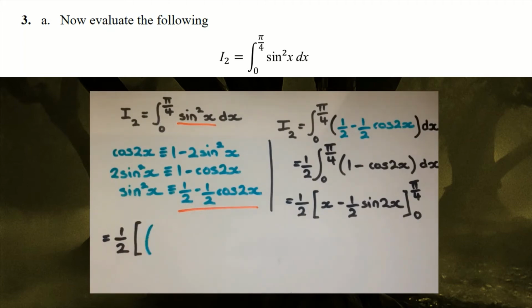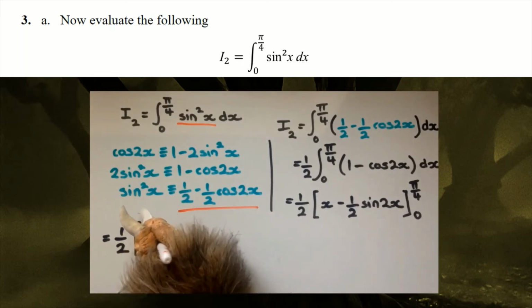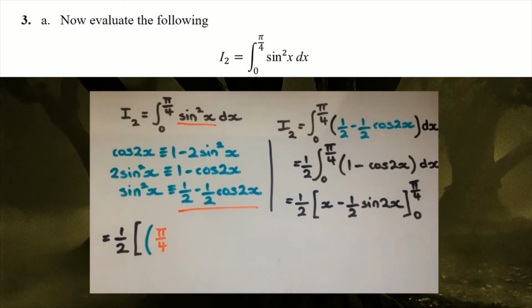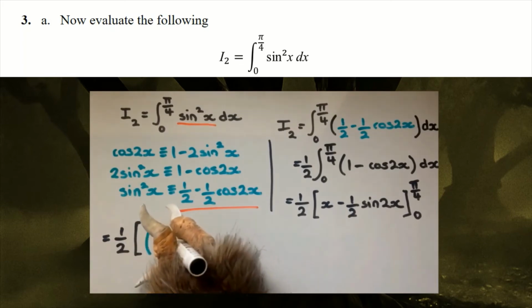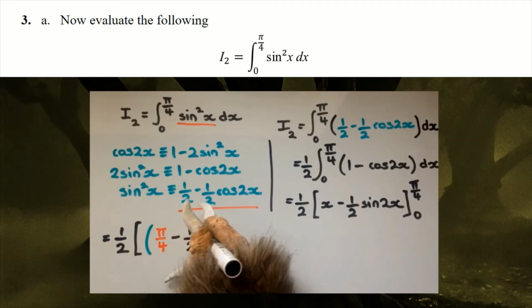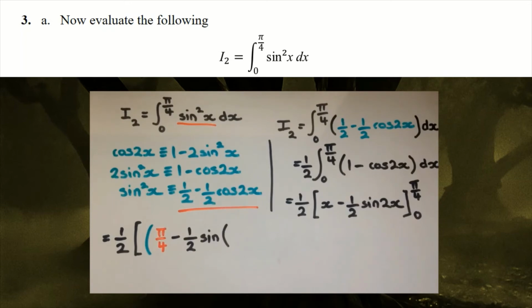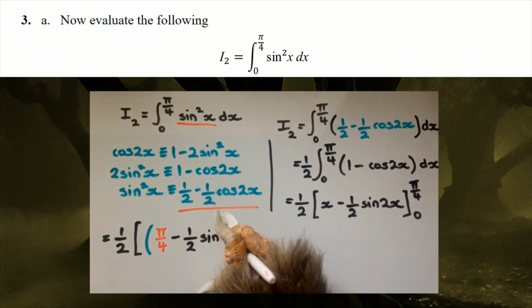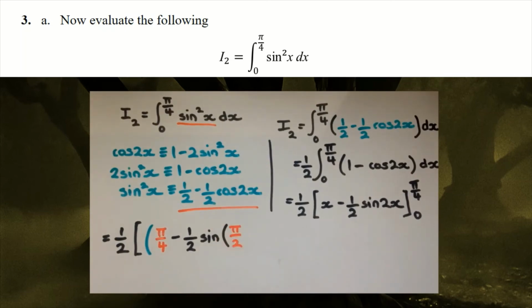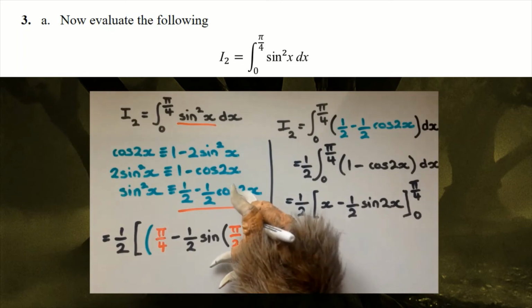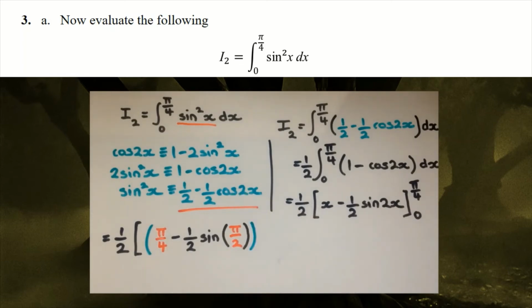So x this time, well, x is pi over 4 in the first instance in the upper limit, so pi over 4 goes in first, subtracting 1/2 of sine of 2 lots of pi over 4, which, as we saw twice now, is pi over 2. Let's close that bracket. And that's the upper limit done. Let's look at the lower limit now, which is being subtracted from that.